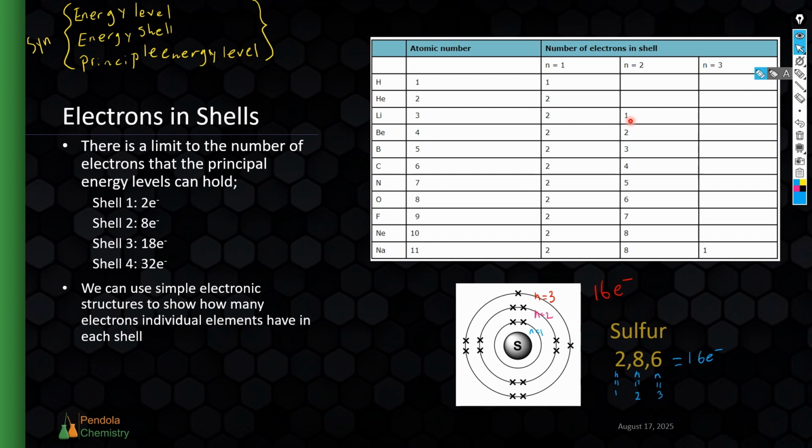That will change later on once we start learning about the sublevels. So here you can see one electron in the first energy level for hydrogen, 2 electrons in the first energy level for helium, and then once we have 3 electrons in total for lithium, that's when we move up to energy level 2 and put 1 electron in there because the first energy level is full.